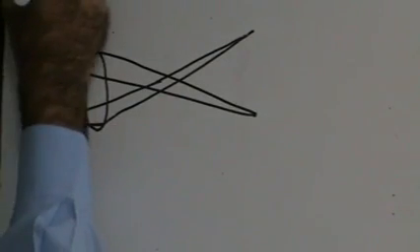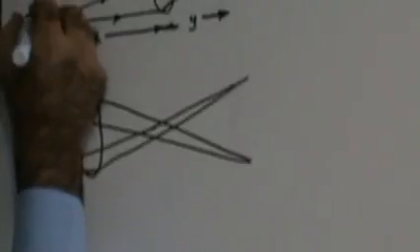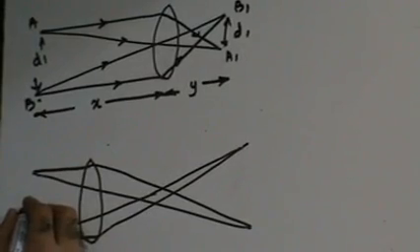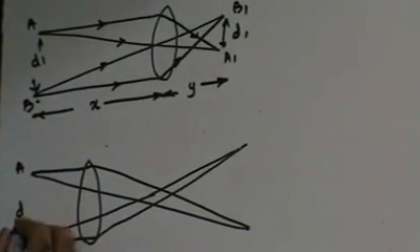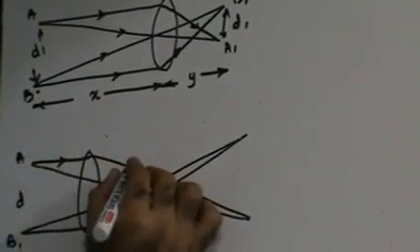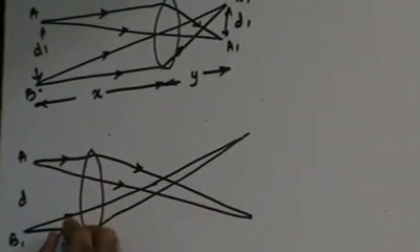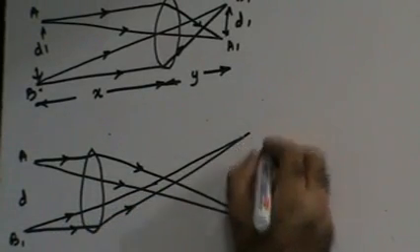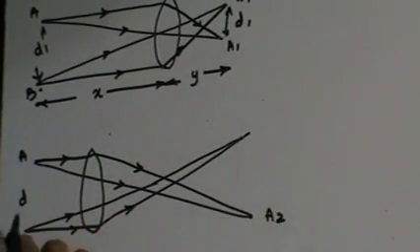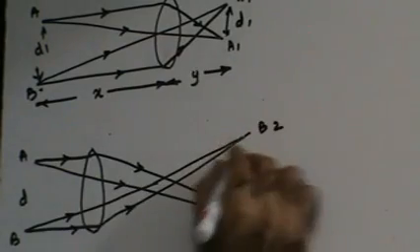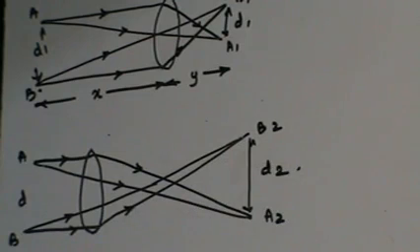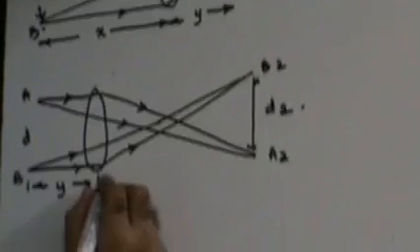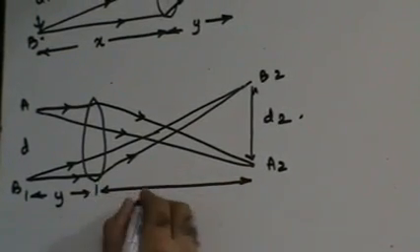This is your distance D, the distance between the two slits of the biprism. This is AB, this distance is D. Rays of light are going to move in this direction, right. This is going to be the image A2 B2, where this distance I'm going to call D2. Let's assume that this distance is Y and this distance is X.